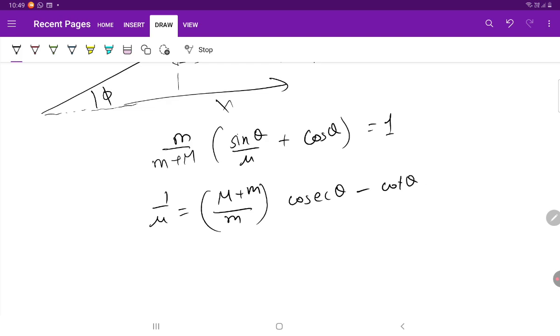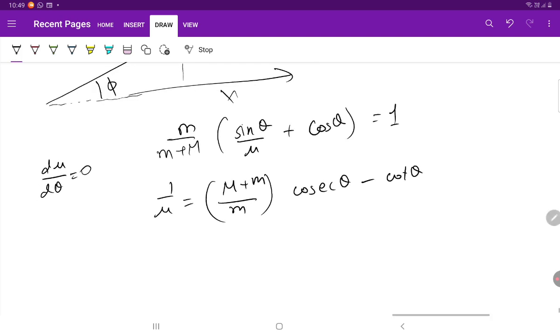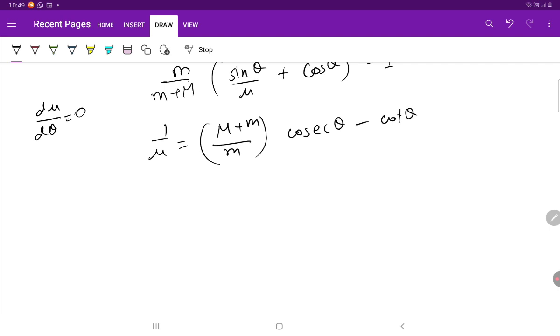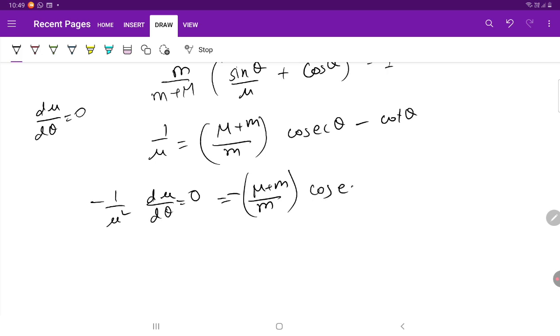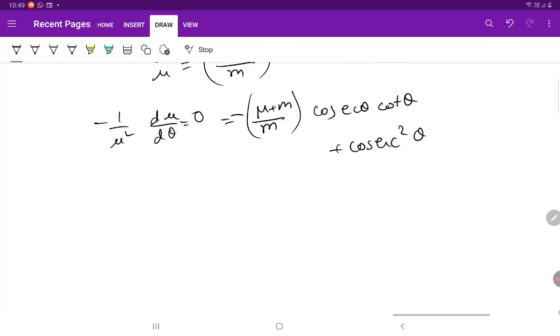Well, I need to find the minimum value of mu. If mu is minimum, then d mu by d theta should be 0. If I differentiate this whole equation both sides with respect to theta, I will get negative 1 by mu square d mu by d theta, which is equal to (M plus m) by m, times the differentiation of cosec theta, which is negative cosec theta cot theta, plus cosec square theta, equal to 0.